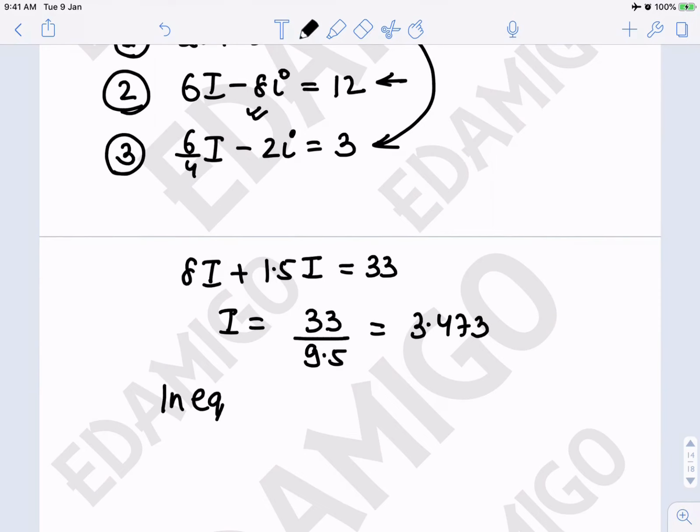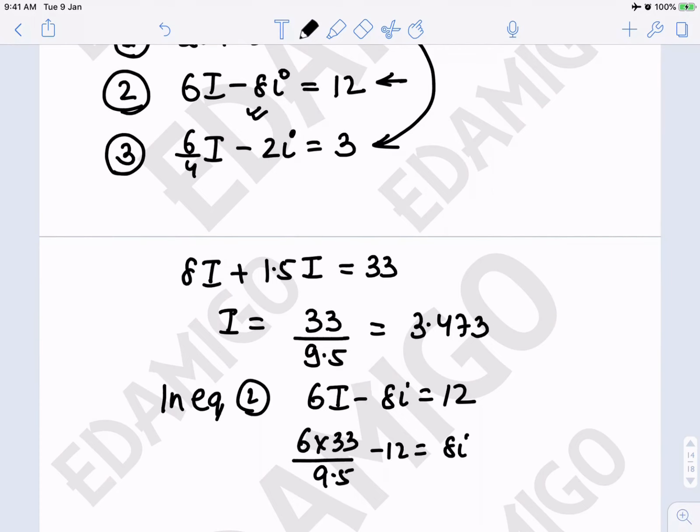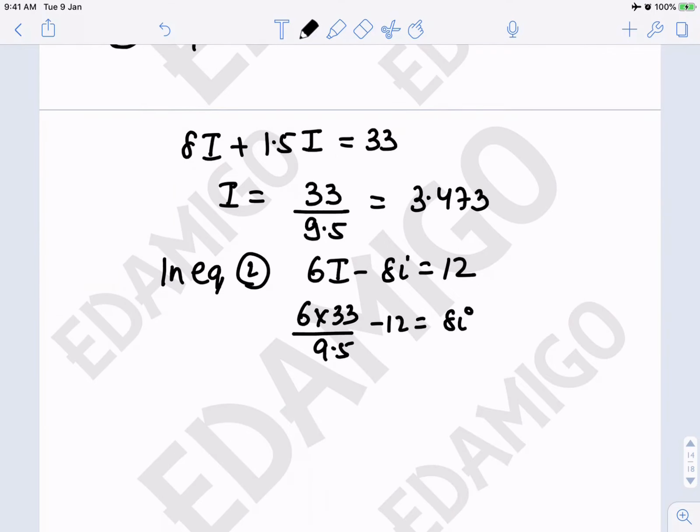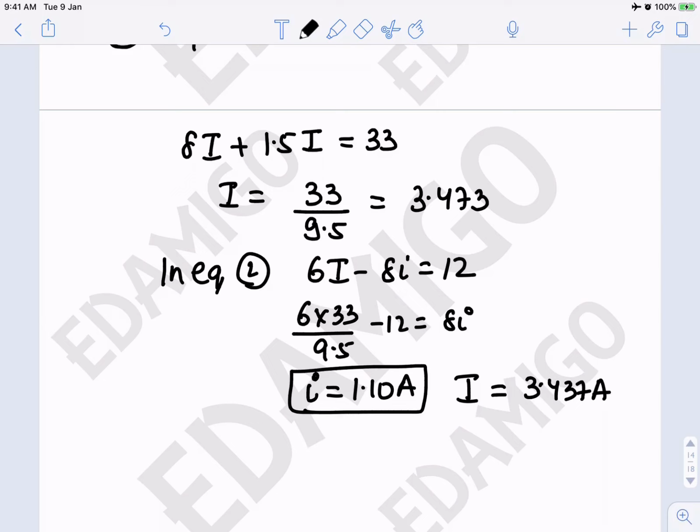In equation number 2 we have 6I minus 8i is equals to 12, so 6 into 33 divided by 9.5 minus 12 is equals to 8i, and this is 6 multiplied by 3.47 minus 12 divided by 8. So small I is equals to 1.10 amperes, and capital I is equals to 3.437 amperes.